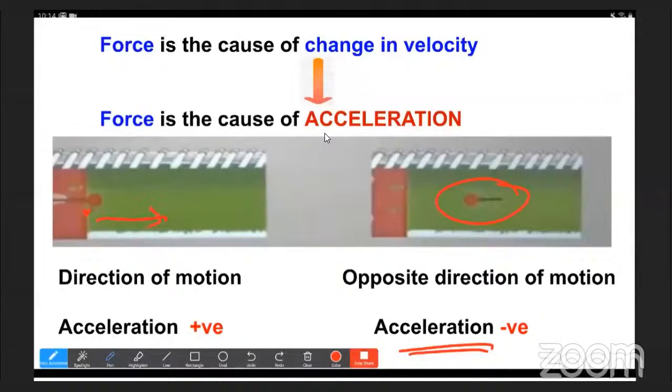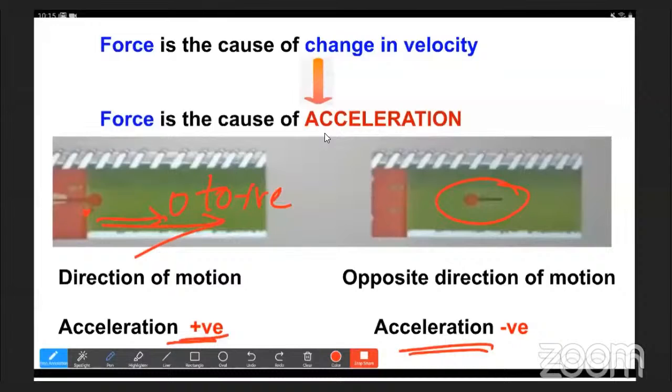That means the velocity increases from 0 to positive in this case. Right? So when the direction of force is in line with the direction of motion, then acceleration is positive. Okay?